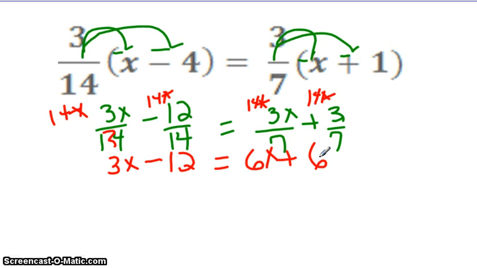Alright, now I'm at step number 3, which means to collect like terms. Again, each side is already simplified, so I'm at step 4, which means I'm going to put my variable on the left. So I'm going to subtract 6x, and I'm going to add 12.